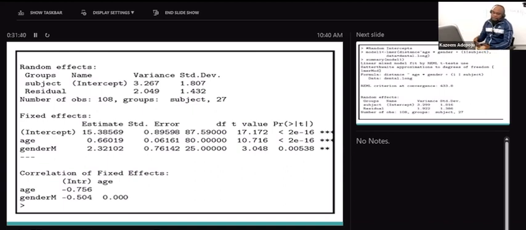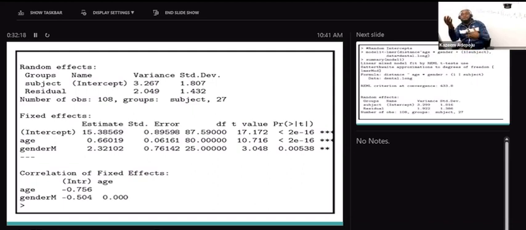When you have a categorical variable with 2 levels, if I code male 1 and female 0, that doesn't mean male has a numerical advantage over female. That's not what we mean. It's just a labeling. Does that make sense? No numerical advantage. Because I'm seeing gender M appearing in my R output, what it is telling me is that R has automatically coded male as 1 and female as 0.